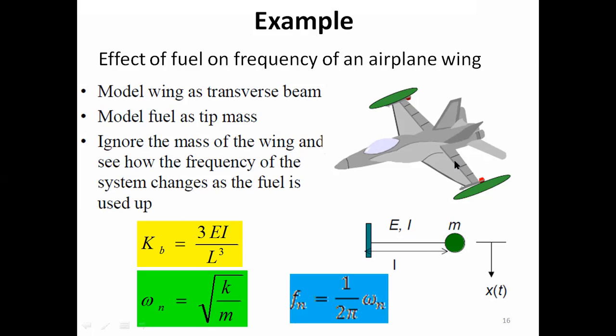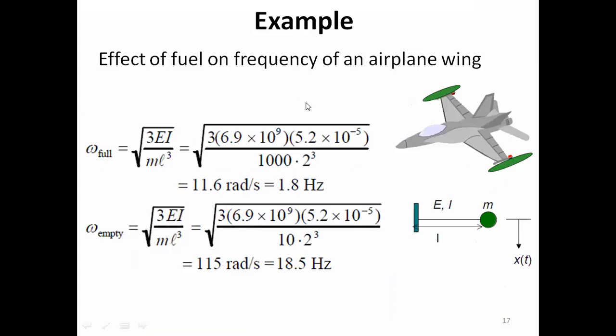So we are ignoring the mass of the wing, although this is a valid assumption, because in comparison to 1000 kilogram of the fuel, the mass of the wing would not be too much, but still it would put error in your calculation. So we have the model omega full, that is when the pod is full of fuel.